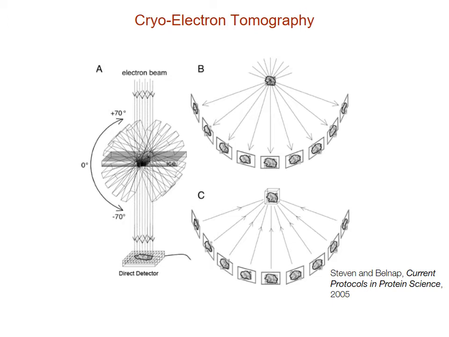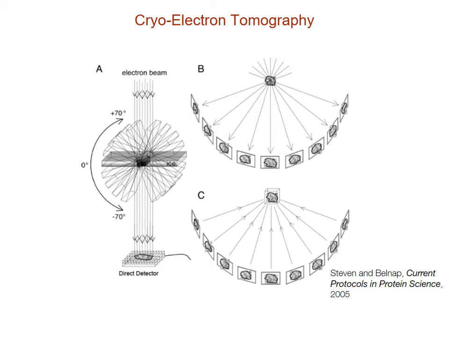First, the samples are frozen and put into a transmission electron microscope, and we have electron beams pass through the sample to obtain a projection image of the sample.